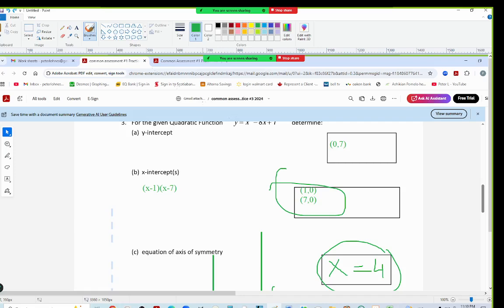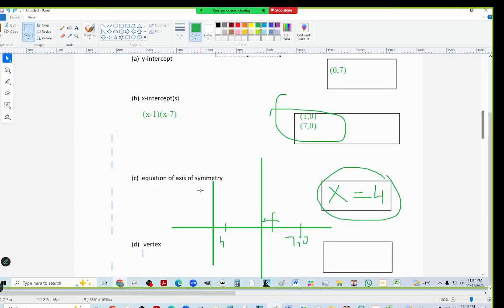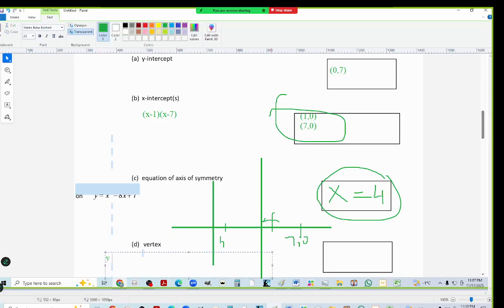Okay. What technique did your teacher want you to do here? Do you remember what he did? For the vertex, he substituted the 4 in for what value? X. Yeah. So instead of x minus 8x plus 7, I would write y is equal to 4 minus 8 times 4 plus 7.